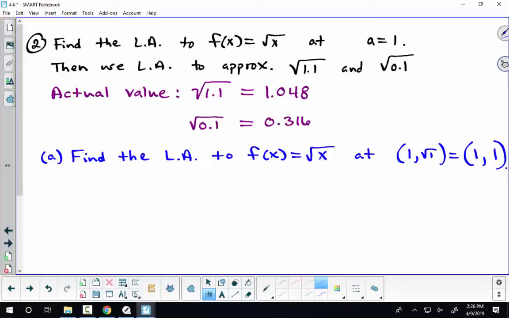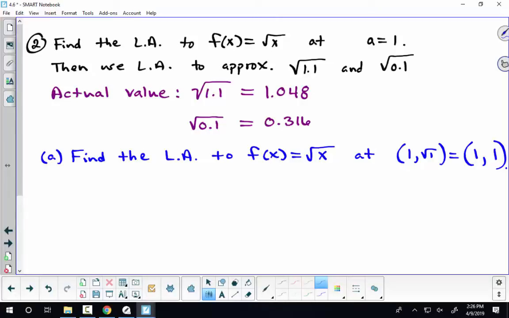So this is going to be this one half. From your work, that's 1 plus 1/2 times x minus 1. So that's just like this constant.